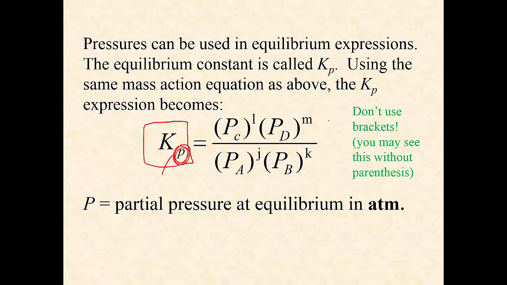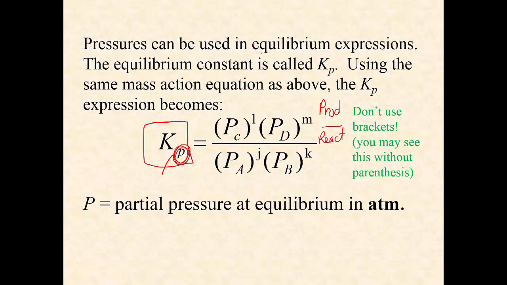So if it says write the KP expression, you write it with partial pressure, but it's still products over reactants. That hasn't changed. You're just going to use the partial pressure. Now, you can use parentheses, but make sure your parentheses do not look like a bracket. What's more important is that you have big P sub.